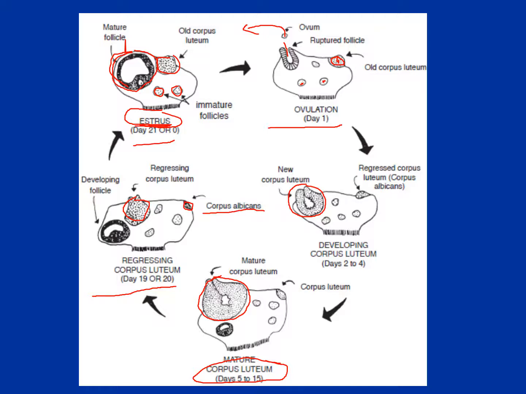But the CL is regressing, progesterone level goes down, the hypothalamus recognizes the low progesterone level and will release GnRH, which will cause the anterior pituitary gland to release LH, and we get the developing follicle. And that takes us to the next step again with the mature follicle, and around the estrus cycle we go.